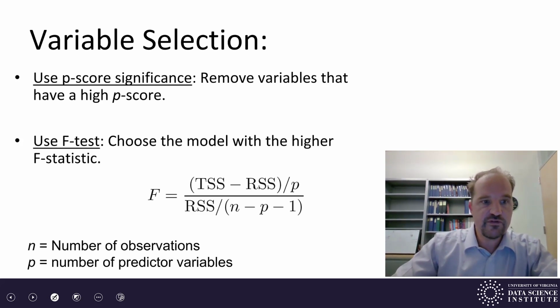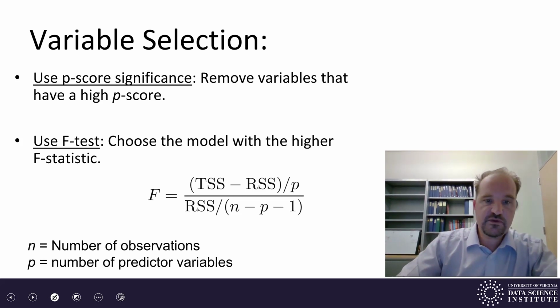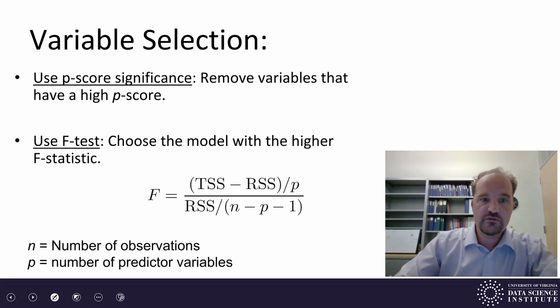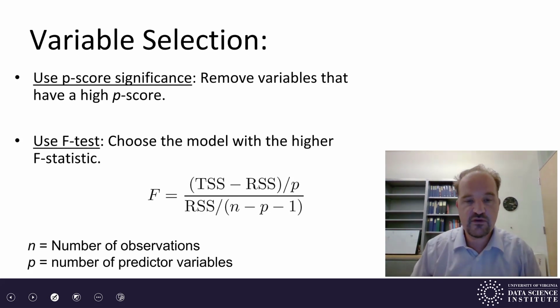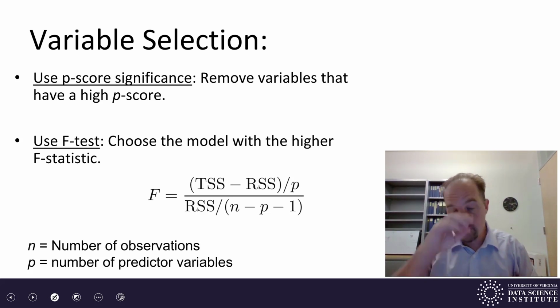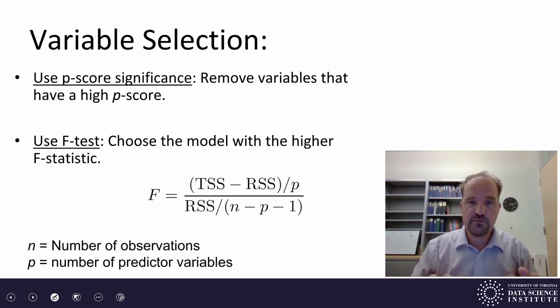Another method for doing variable selection is using the F-test, which means we're going to only choose a model with high F statistic values. The F-test is a test where you compare two different statistical models, linear regression models, and when we say model here, we mean a linear regression model with a given set of input variables.